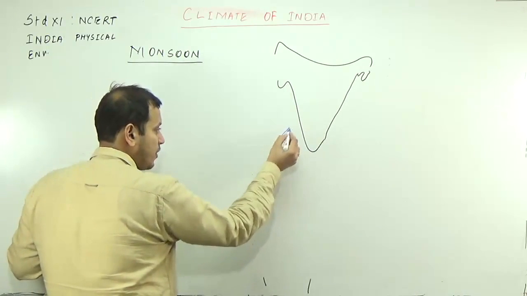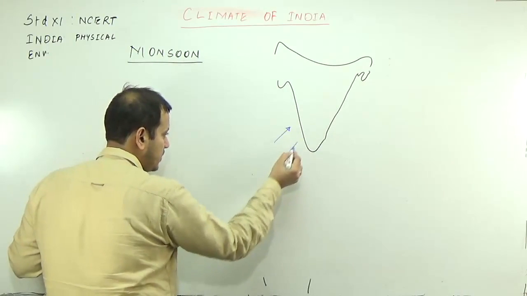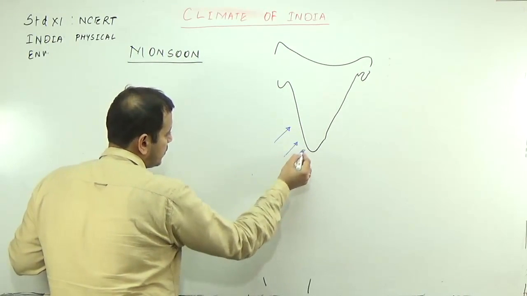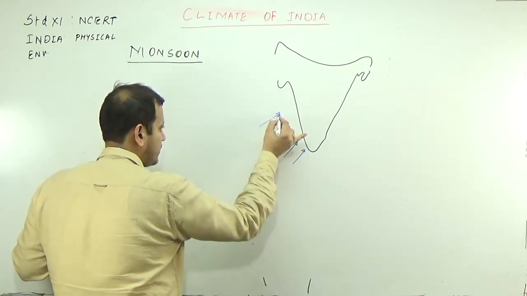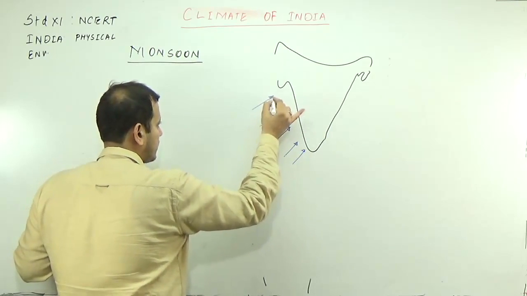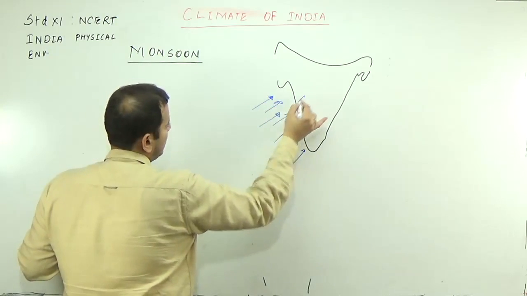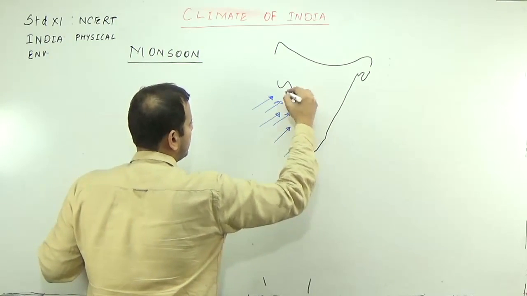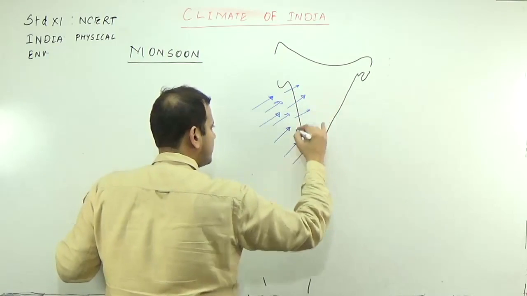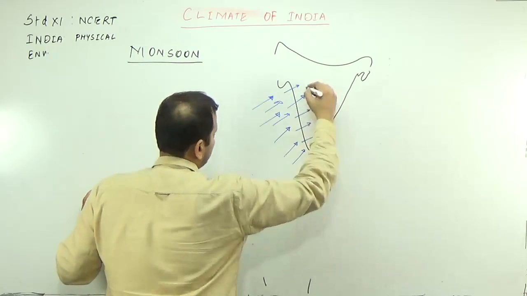It is blowing from the southwest direction towards India. It blows during the summer season and covers the entire India.